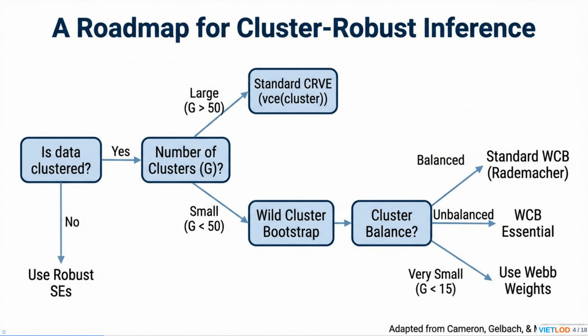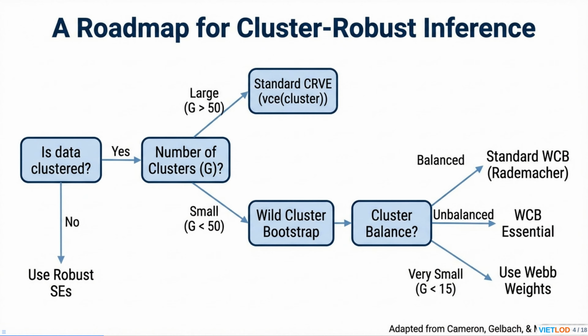Conversely, if G is small, specifically less than 50, then standard CRVE methods can lead to biased standard errors and incorrect inference, increasing the risk of false positives. In such cases, the Wild Cluster Bootstrap becomes the recommended approach. When using the Wild Cluster Bootstrap, you further consider the balance of your clusters and the exact number of clusters.